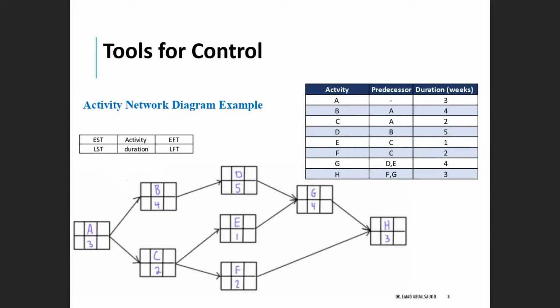Here is the activity cell, where you write the activity letter, and you replace the letter with this matrix, or you can call it the table, and you write the duration for each activity as it's given from the table.